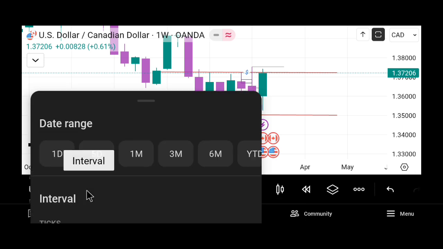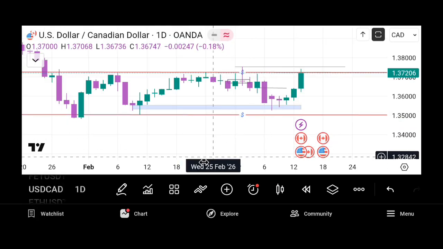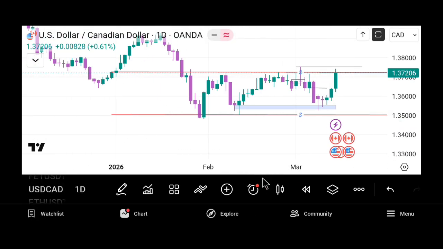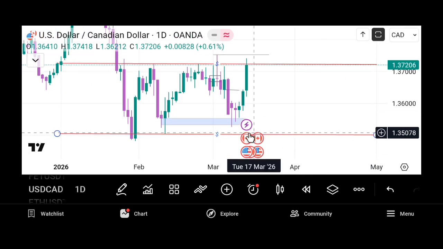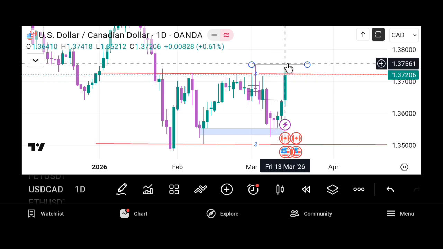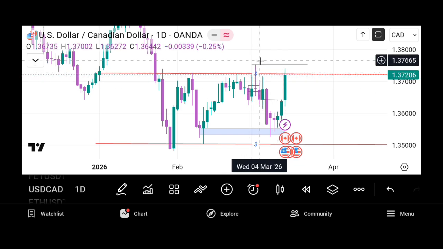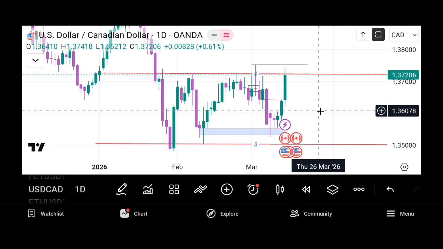And on the daily, I mean to say, on the daily we still have it very near to that previous week high. So the daily high should be taken, that is Friday's high. It's a target that needs to be taken.